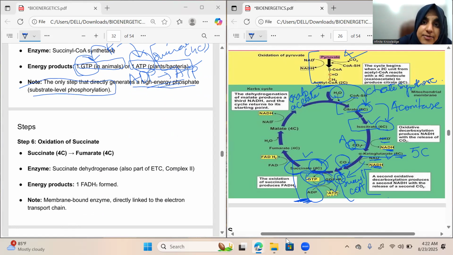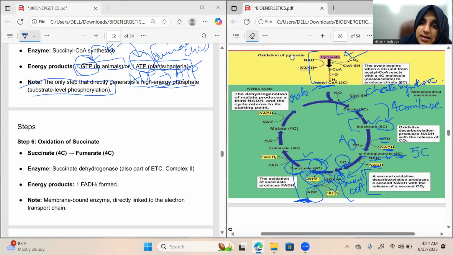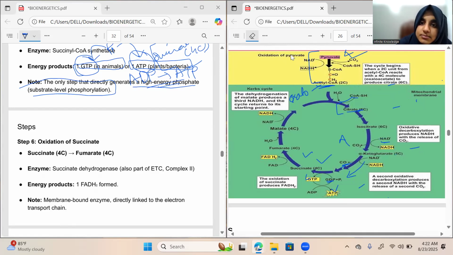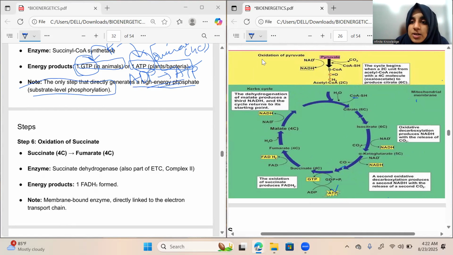Let me just clear everything over here so that we can revise the cycle. First, we move on to oxaloacetate plus acetyl-CoA.